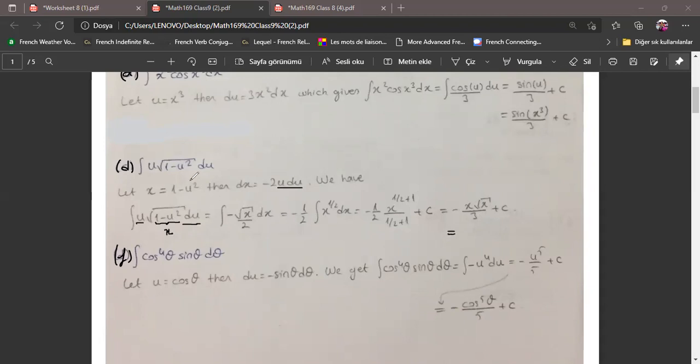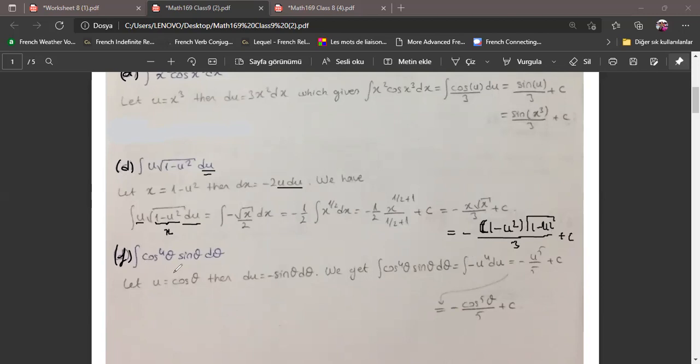Instead of x, we need to find this result in terms of u. So we had before 1 minus u squared as x. So what do we have? U squared, square root of this, over, this is parentheses, over 3 plus some constant. Okay, this is the result.